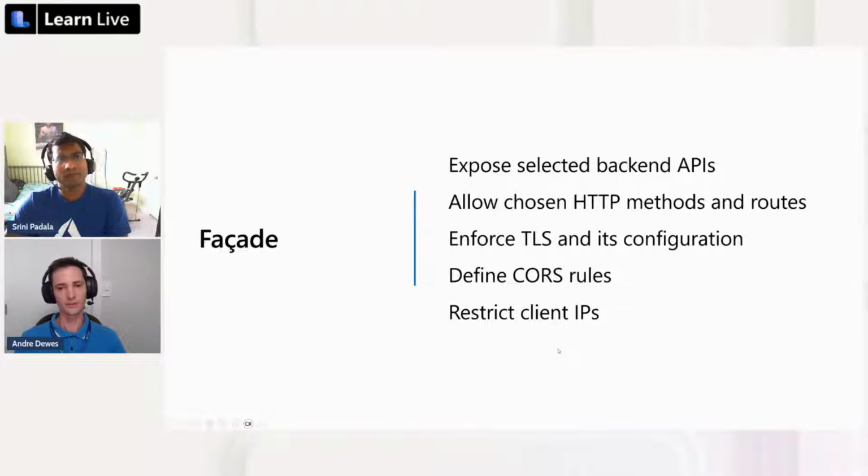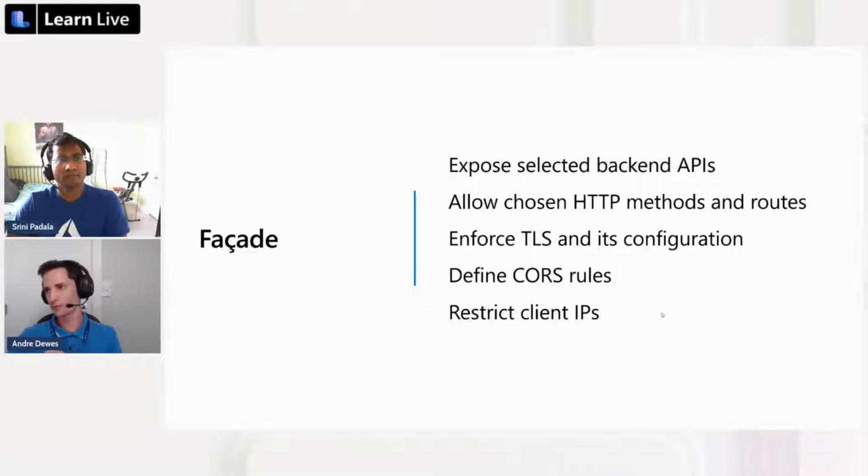All right, so the first step here to protect our APIs is to make sure that we have a good facade. And what is that in the first place, right? Let's say you have a backend API and want to start exposing it via API management. What are the first steps you should be doing in this case? As I mentioned, only expose in API management the APIs that the backend API really has.